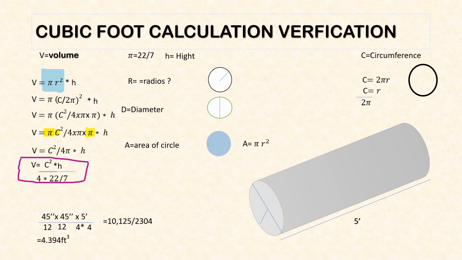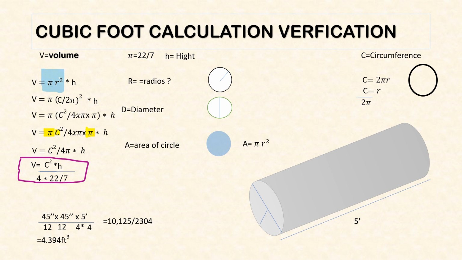When you consider a circle, the circumference is the thick black line you see in the circle in the top right hand corner of the slide. So C equals 2πR, and we have to find the R as we said earlier.